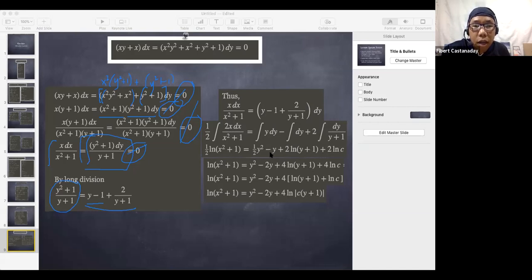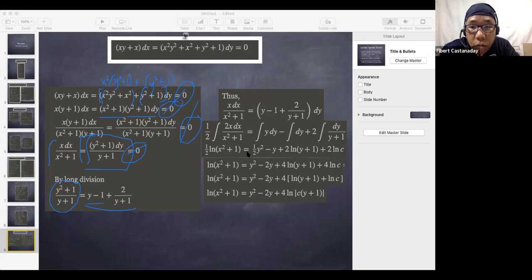Now to simplify this equation, instead of writing plus c, you make c as ln of c, and then to eliminate the 1/2, you can multiply the entire equation by 2, to make this 2 ln of c, and then you multiply both sides by 1/2.